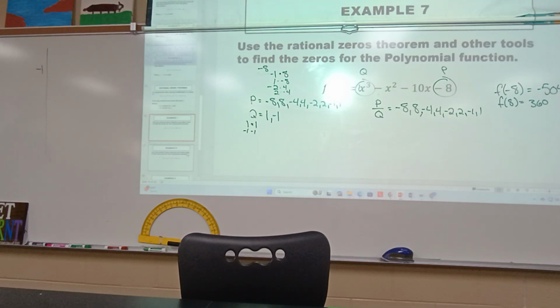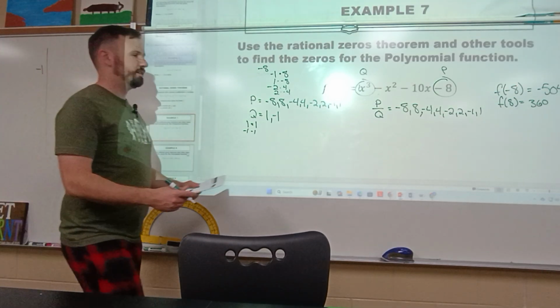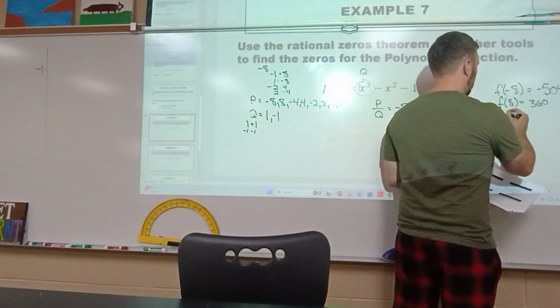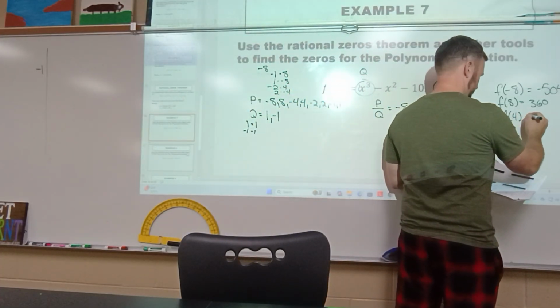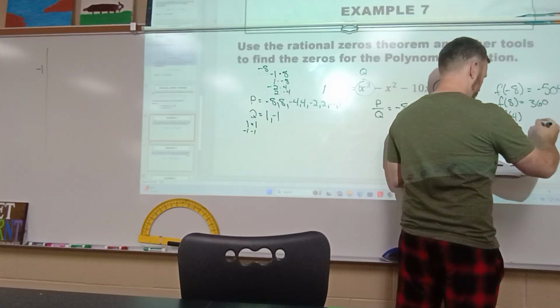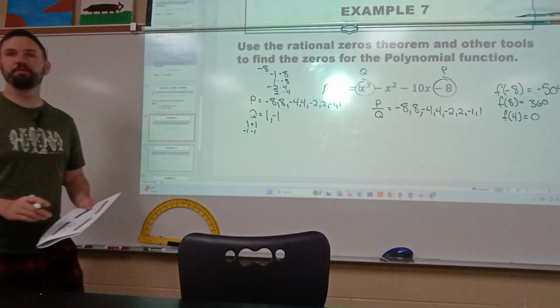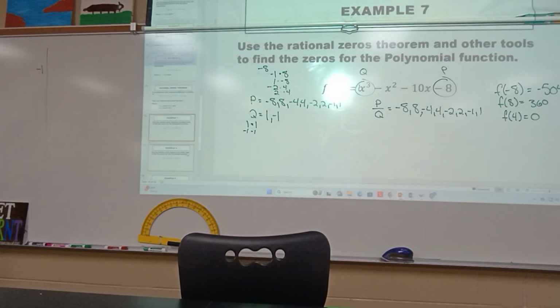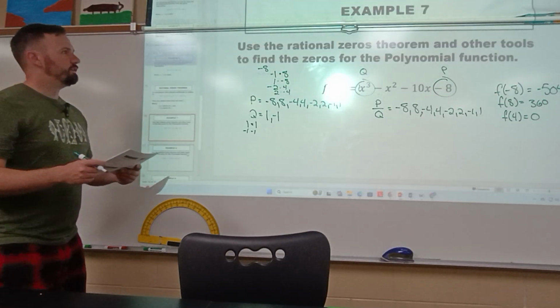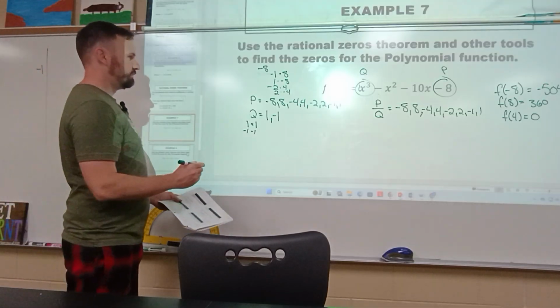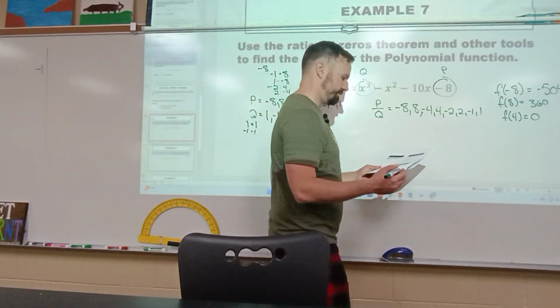Yeah, this takes way less time than you think it does, but it is tedious. What's f of 4? It's 0. f of 4 is 0. So what does that mean 4 is? 4 is one of my zeros.